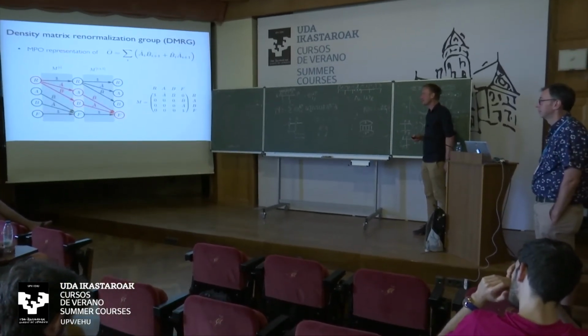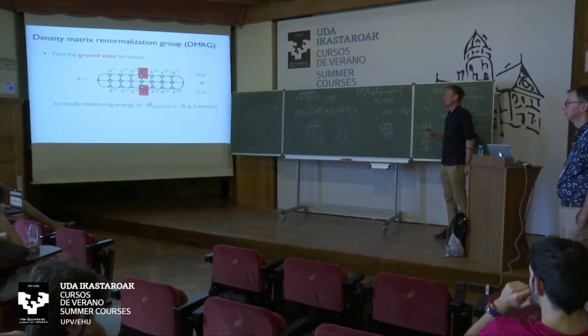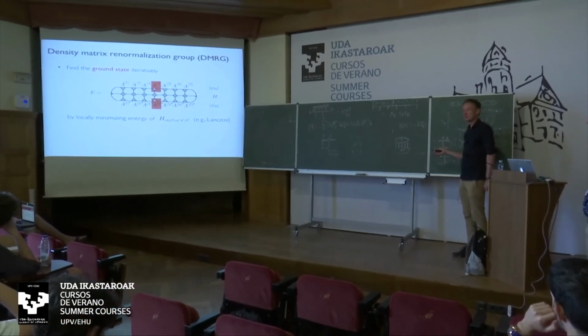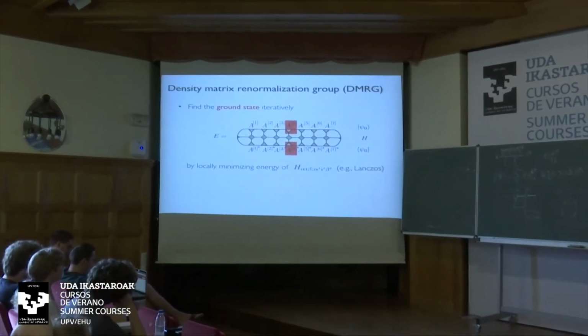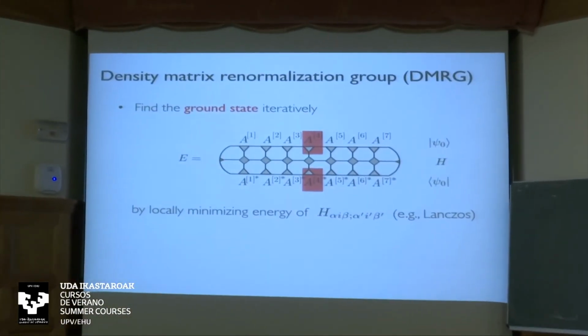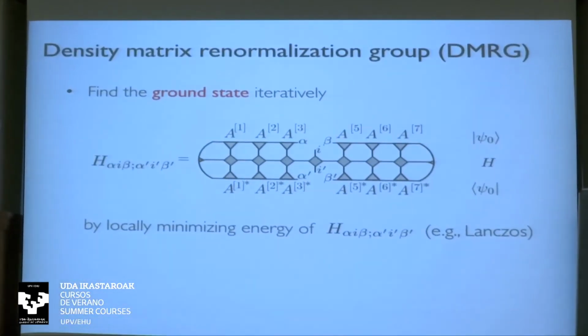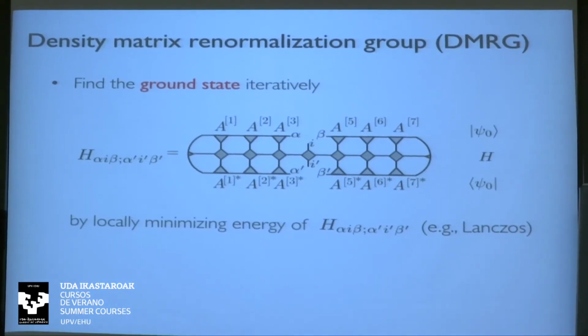And the main idea is really that, instead of doing imaginary time evolution, which we did for TEBD, you variationally minimize the energy. You know how to calculate the energy for a given matrix product state, and now you have some ways to minimize this energy.